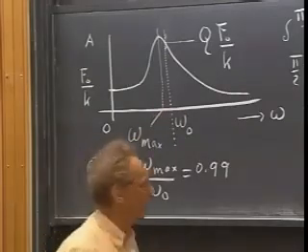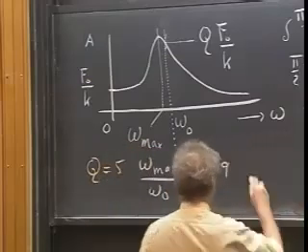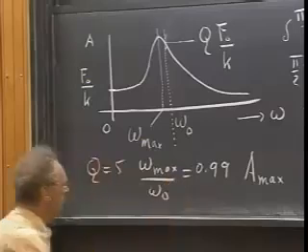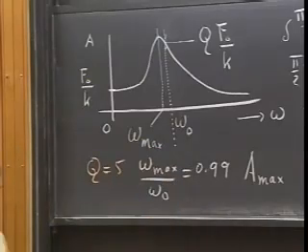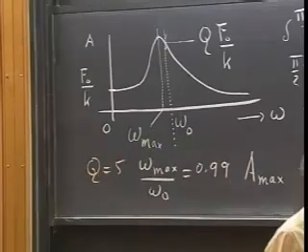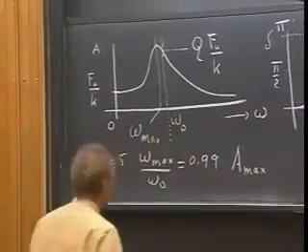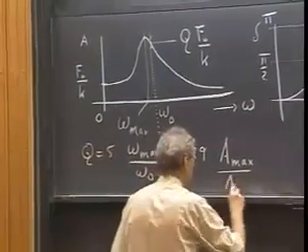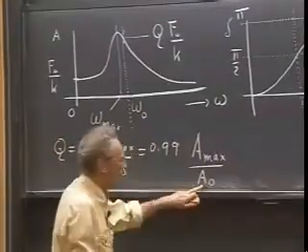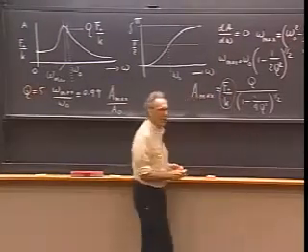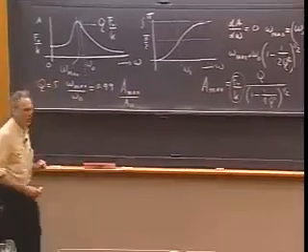And then if you want to know now what A max is, you would think that A max is very close to Q times F0 over K, but it is not. It is a little larger. A max divided by A0, where A0 is meant to be the amplitude when omega equals 0, is a shorthand notation.